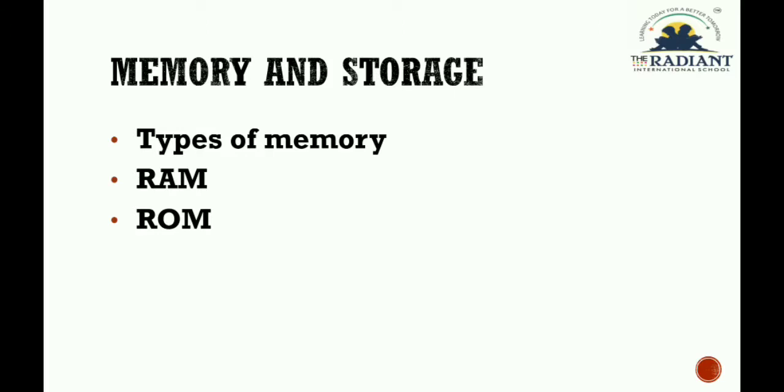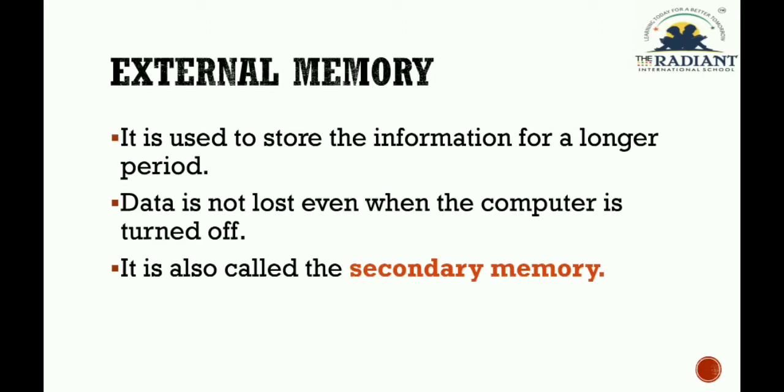Now today we are going to discuss a new topic, external memory. What is external memory? It is used to store information for a longer period. Data is not lost even when the computer is turned off.